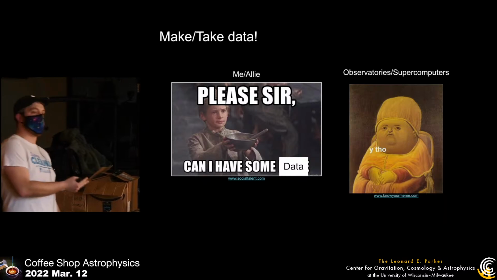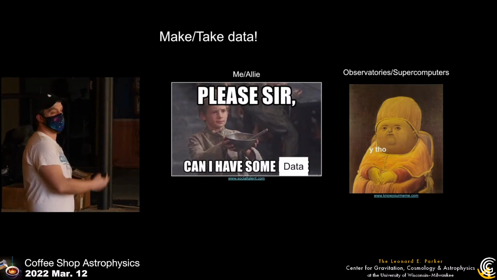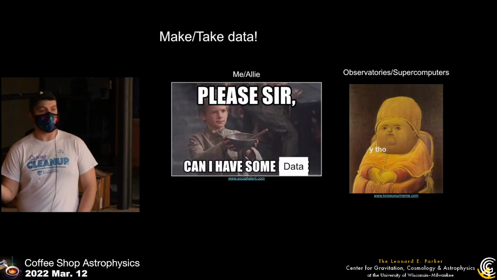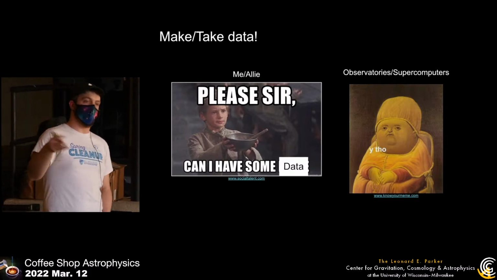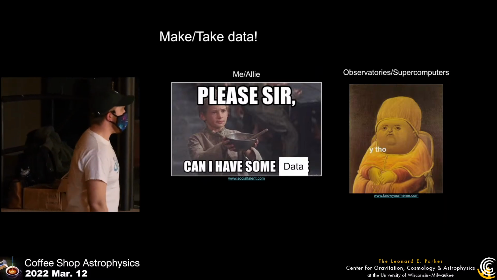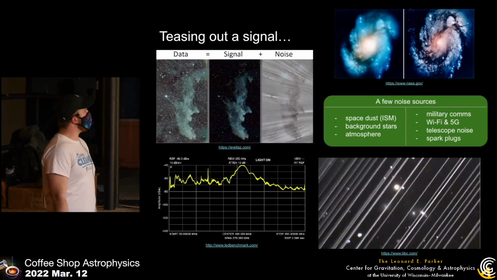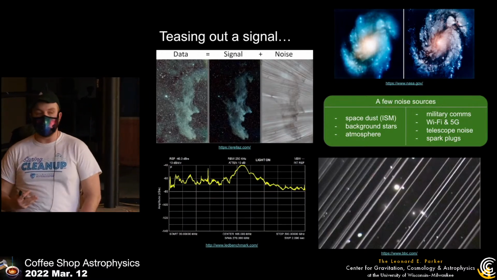So what is the information that we're going to take away from this experiment? Now, I say observatories, but in the case of Allie, this is more on the simulation side, so this is requesting time on big, beefy computers that can do lots and lots of simulations that are too taxing for our laptops. So we submit our proposals, we get our data, and now we have to analyze that data.